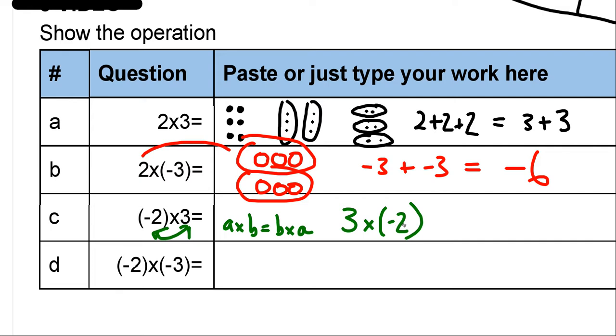That means there's 3 groups of negative 2. So let's just draw those out. Bam, there's a group of negative 2, there's a group of negative 2, and there's a group of negative 2. And we've got 3 of them. 1, 2, 3. When I count that up, negative 2 plus negative 2 plus negative 2. And lo and behold, how many are there? Same as the previous one, negative 6.